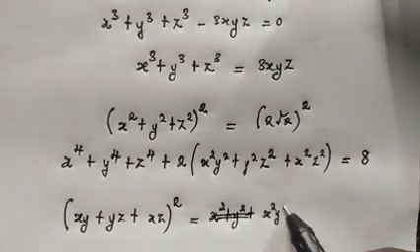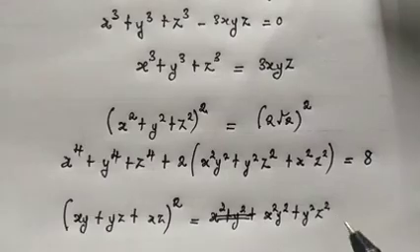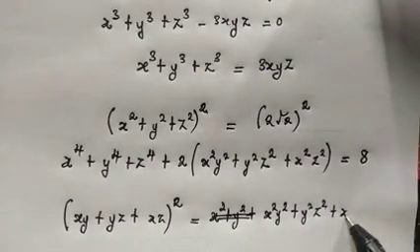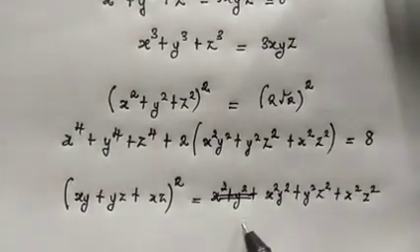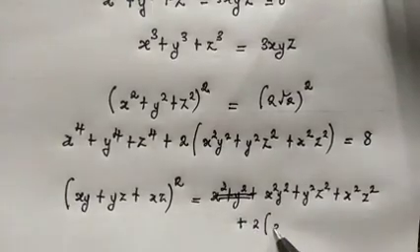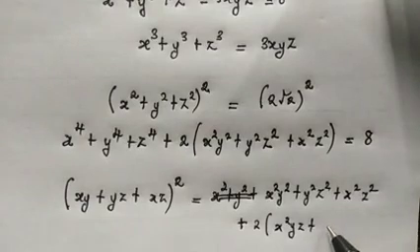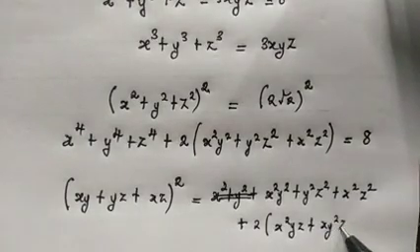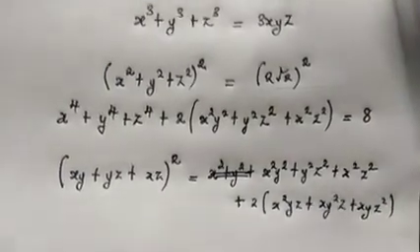x squared y squared, y squared z squared plus x squared z squared. You see? And then plus 2 into brackets, we have x squared yz plus xy squared z plus xyz squared.